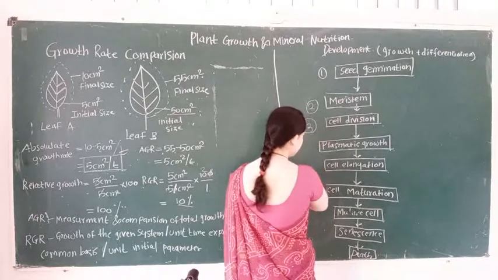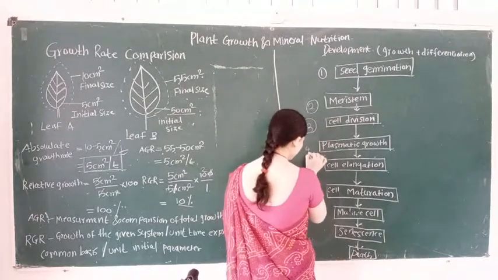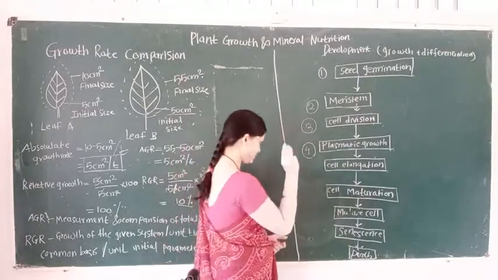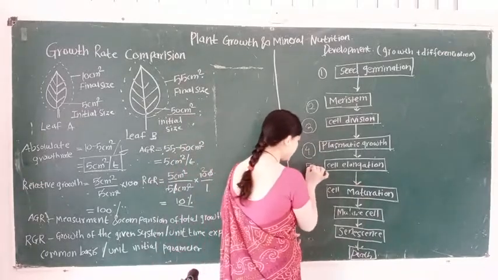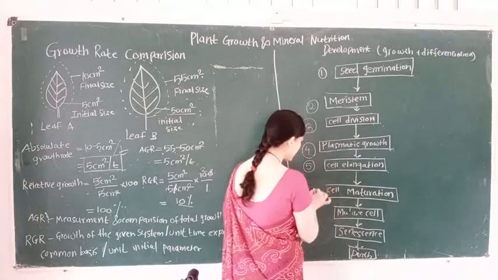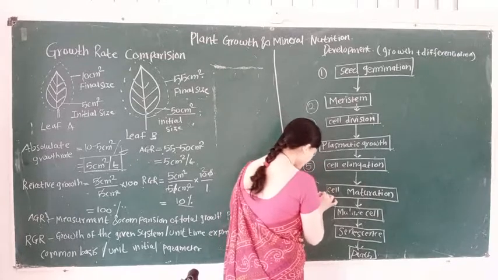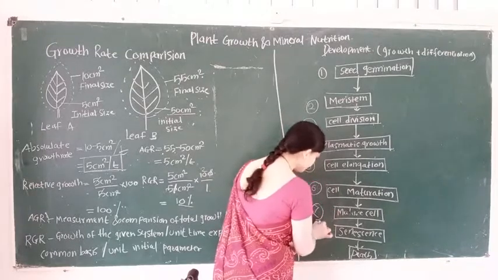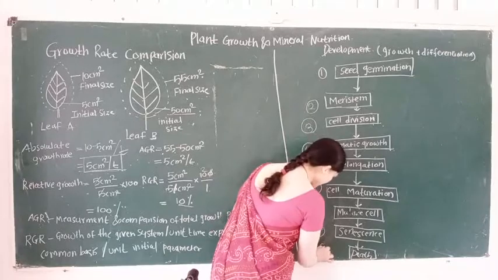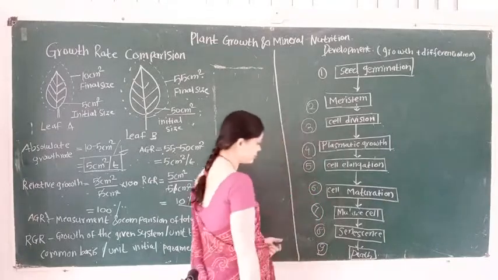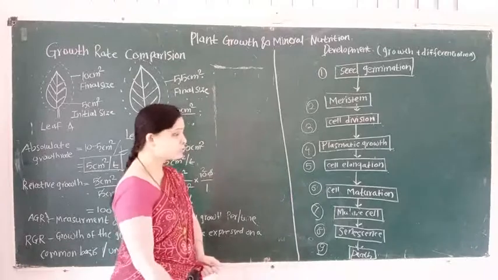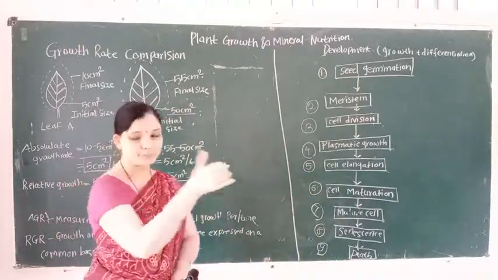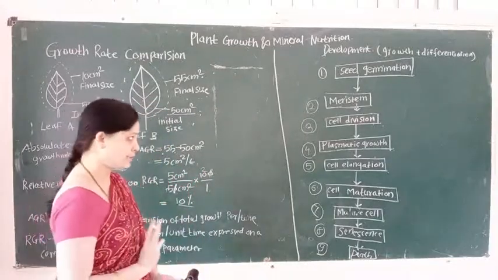Third is cell division. Then the fourth step is plasmatic growth. Fifth is cell elongation. Then cell maturation, after which the cell becomes mature. Then senescence and lastly the organism's death. So these are the important steps which take place in the development process.